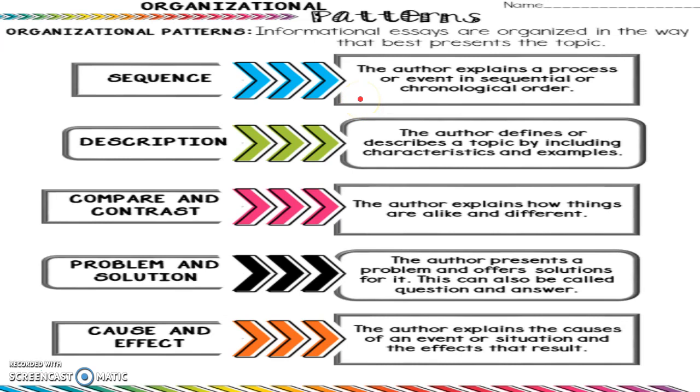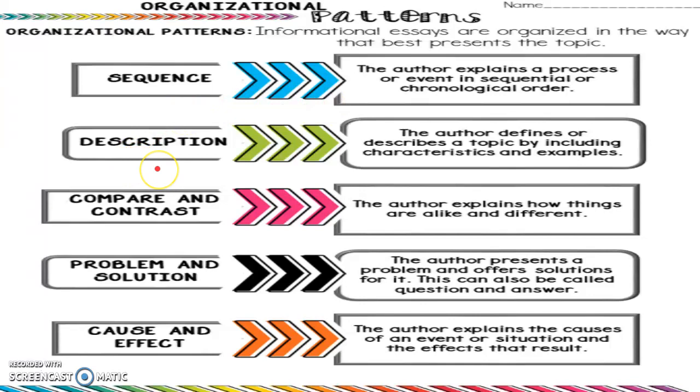So if you're doing a biography, writing about somebody's life, this is probably the best way to organize your thoughts. You can start at birth and then go to death or go to their present life. If you're telling how to do something, you want to use steps, sequencing.